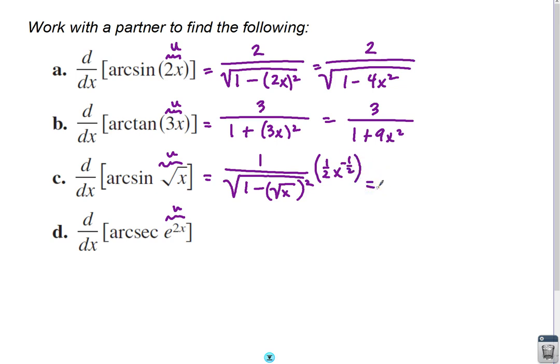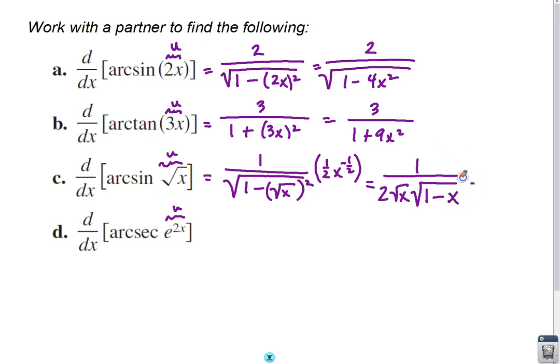So then if I wanted to clean this up a little bit here, I would bring the 2 and that down, so I'd make that 1 over 2 root x times the square root of 1 minus, well, the square root of x squared cancels out, so that just becomes x.